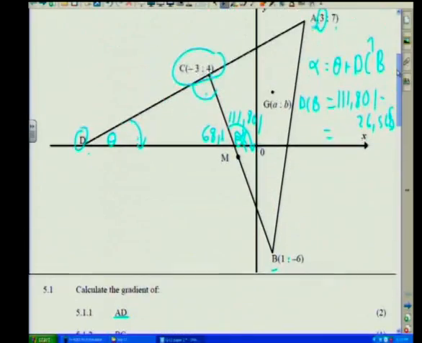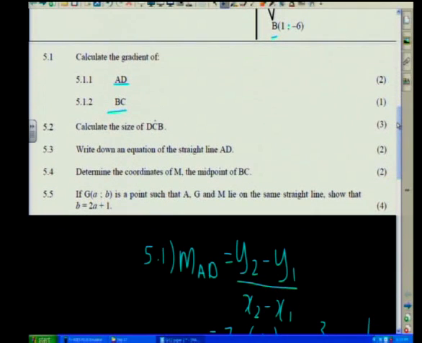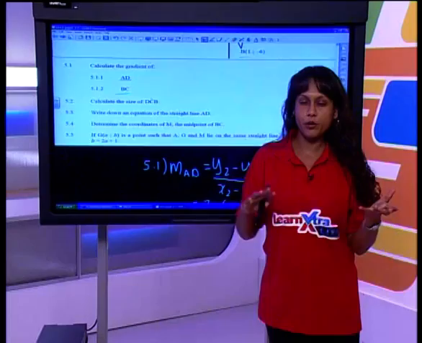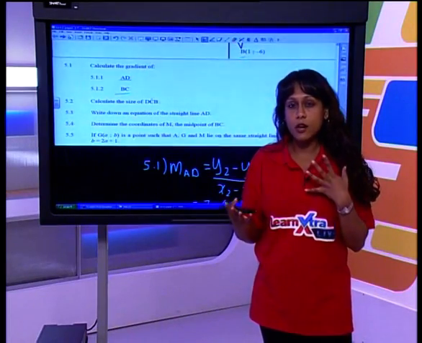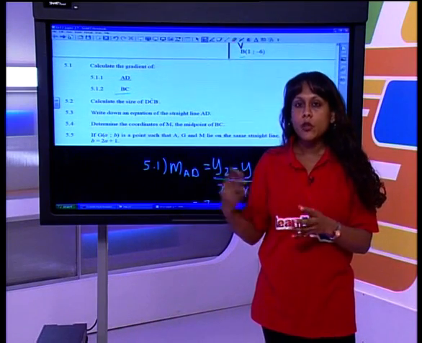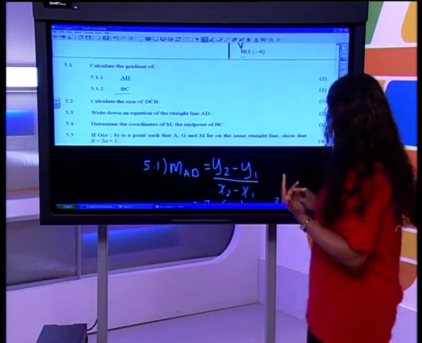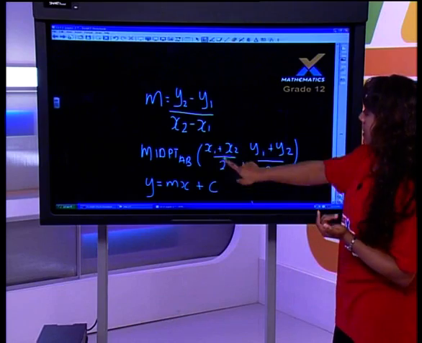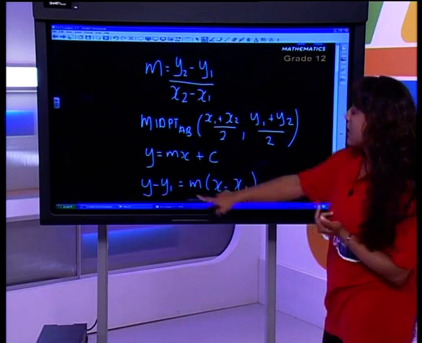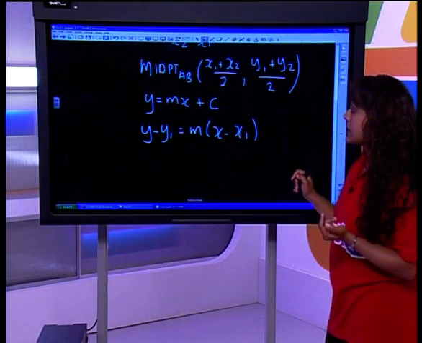Okay, so now that we've got that angle, we can move on to the next part, which says write down an equation for the straight line AD. Now guys, remember when you're trying to work out the equation, you need your gradient and you need your y-intercept if you're using the formula y is equal to mx plus c, or you just need a point and your gradient if you're using the other formula I showed you, which was this one, y minus y1 is equal to m times x minus x1.